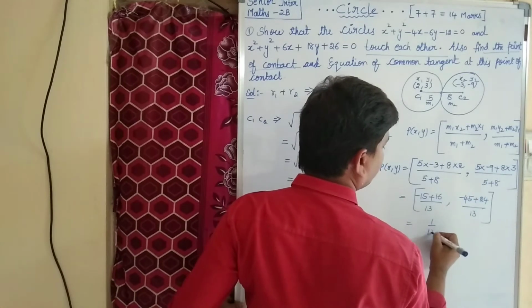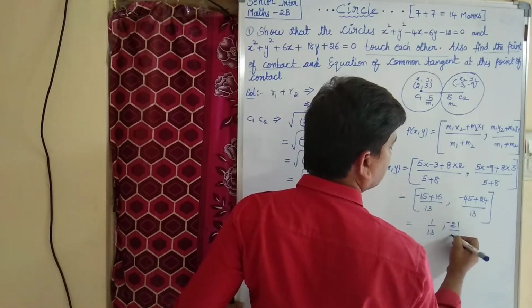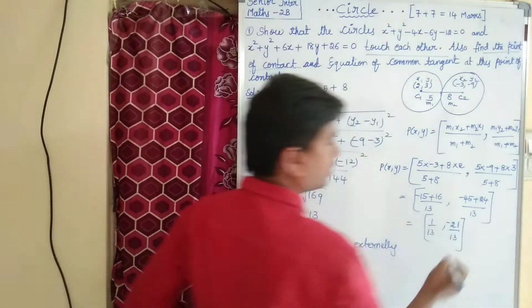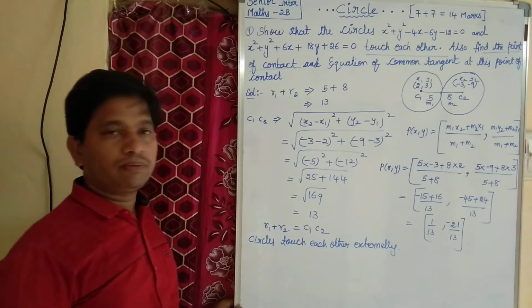So 16 minus 15 is 1, 45 minus 24 is 21. So what is the point of contact? Point of contact is 1 by 13 comma minus 21 by 13.